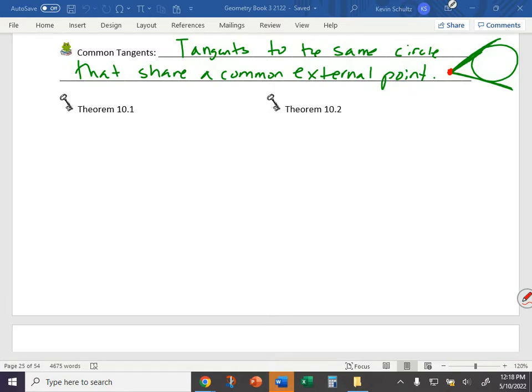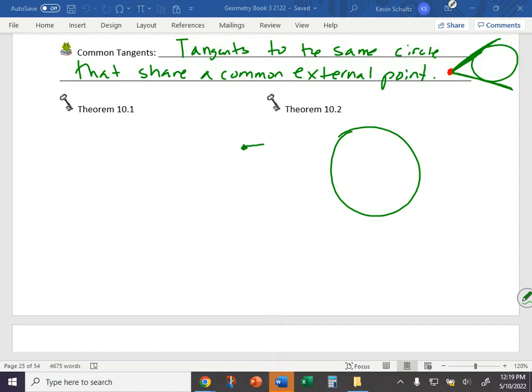And that's actually going to lead us into theorem 10.2. So skip 10.1 for now. We're going to go to theorem 10.2. Theorem 10.2 has to do with what happens when you have those common tangents. So draw a fairly large circle. It's large enough for you to label. Okay. Give it a common point or a point somewhere out in space, and then draw in tangents.